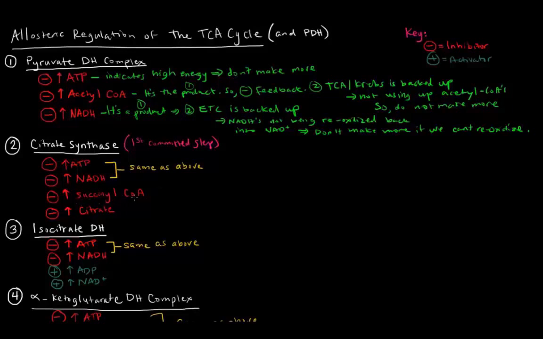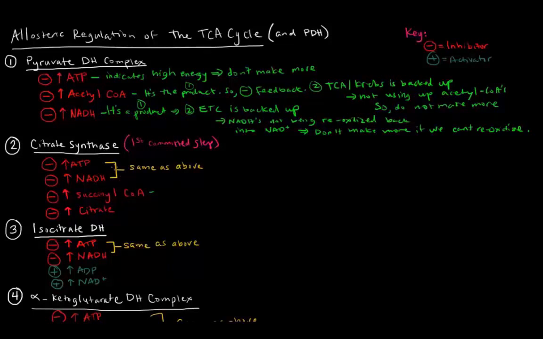So high levels of succinyl-CoA inhibit this enzyme from being active, right? Why would that be the case? Well, if there's a buildup of succinyl-CoA, that must mean that succinyl-CoA is not going on further in the TCA cycle.